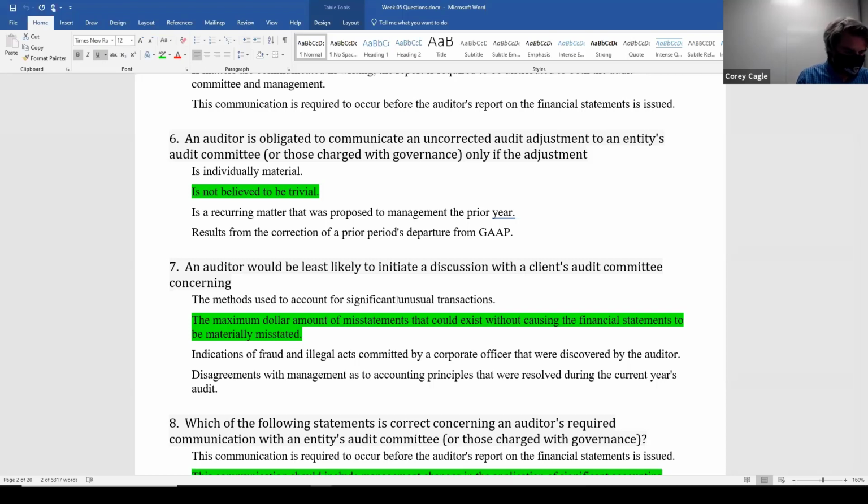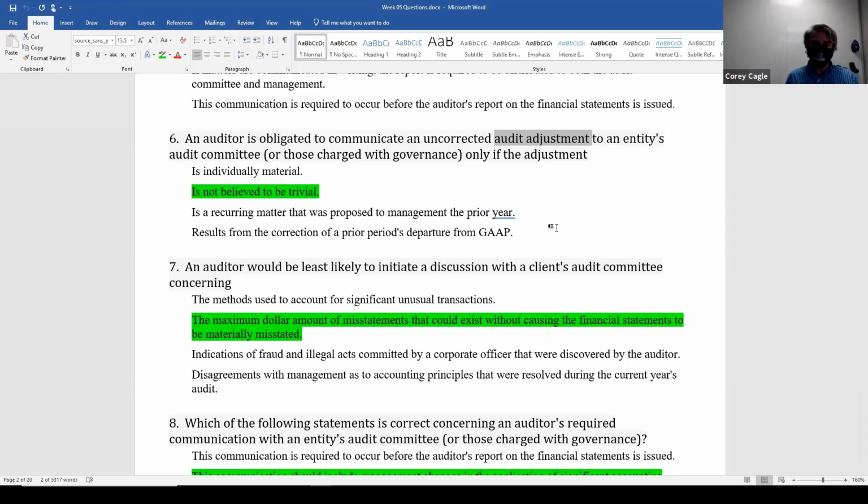So it's an audit adjustment. That means that we have said, y'all need to do this, right? So in this problem, they haven't done it. They've not corrected something that we have already said, y'all need to do this.